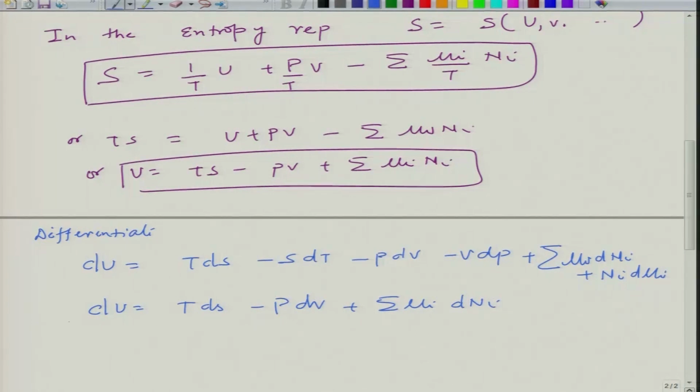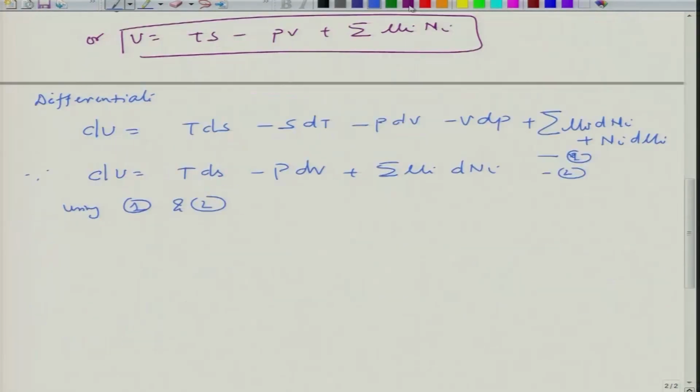Okay. So, this we know. So, let us say this is 1 and this is 2. Using 1 and 2, if you just subtract, then I can get a 0.